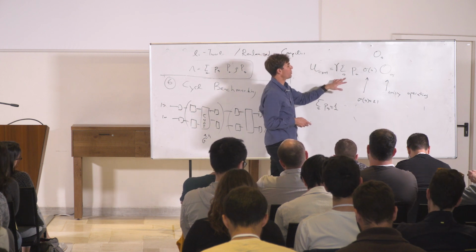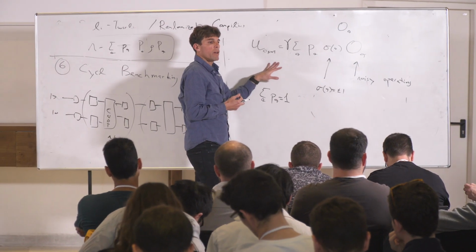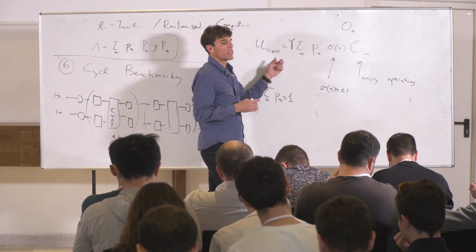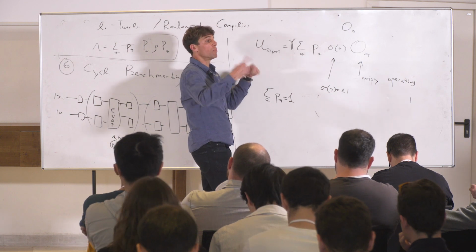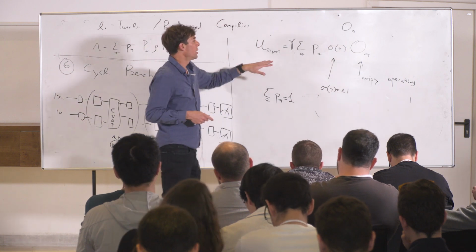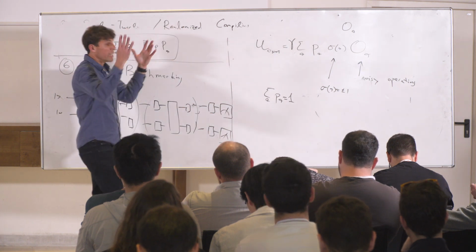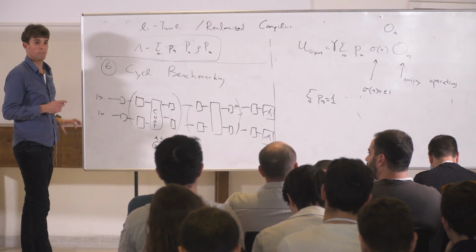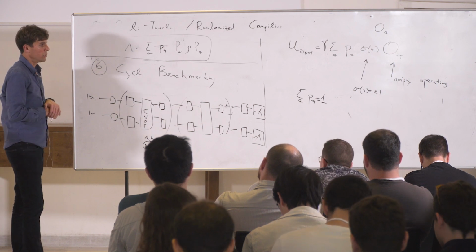If before I needed to measure something to accuracy epsilon, now I have to measure it to an accuracy of epsilon over gamma to cancel this gamma. So each one of those instances has to be sampled more times in order to cancel out this gamma. And this gives me an exponential overhead, because for each gate in the circuit, I have to sample more times. So there's an exponential overhead that comes with mitigating this noise.